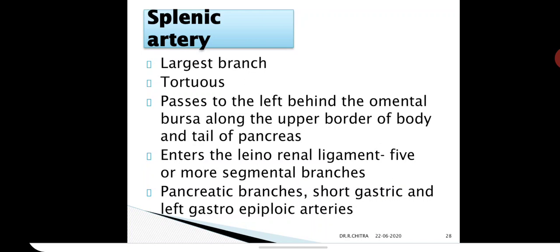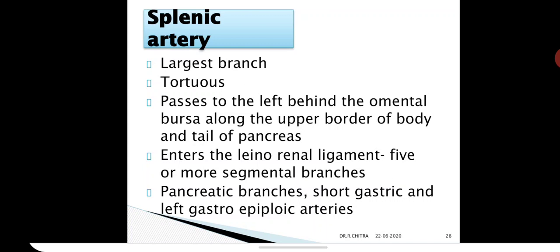So these gastroepiploic arteries, left and right, will run along the greater curvature of the stomach. Right and left gastric arteries will run along the lesser curvature of the stomach.